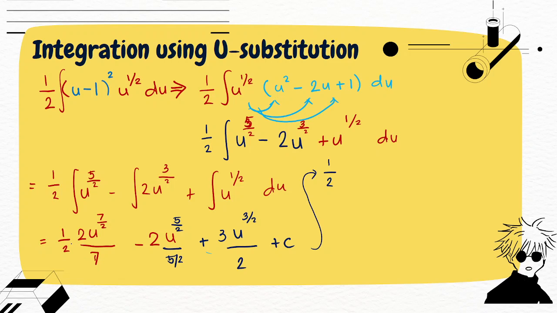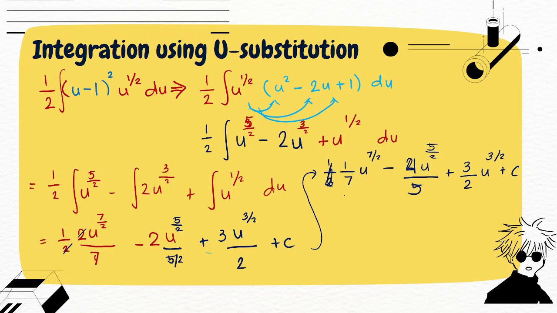So, basically, we can cancel this 2, di ba? So, 1 over 7 na lang yung matitira. So, 1 over 7 times u raised to 7 over 2, minus 2 times 2, which is 4, over 5 times u raised to 5 over 2, plus 3 over 2 times u raised to 3 over 2 plus c.